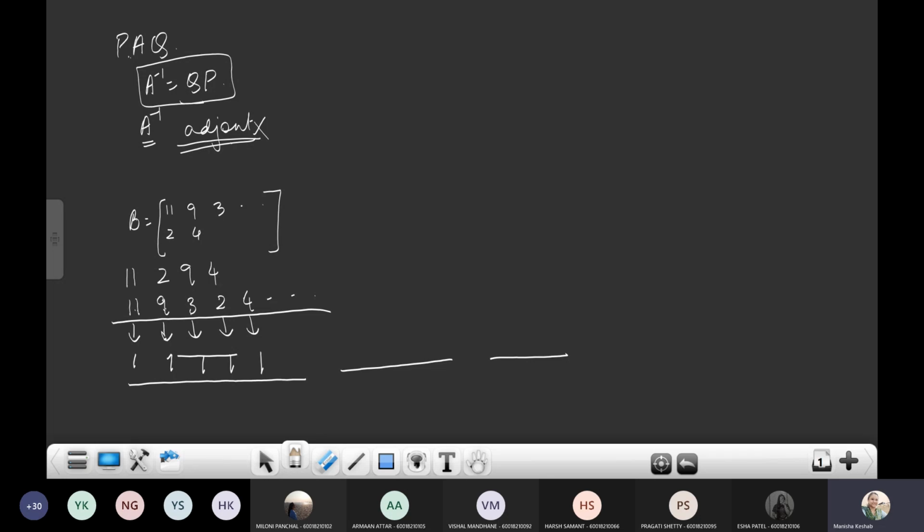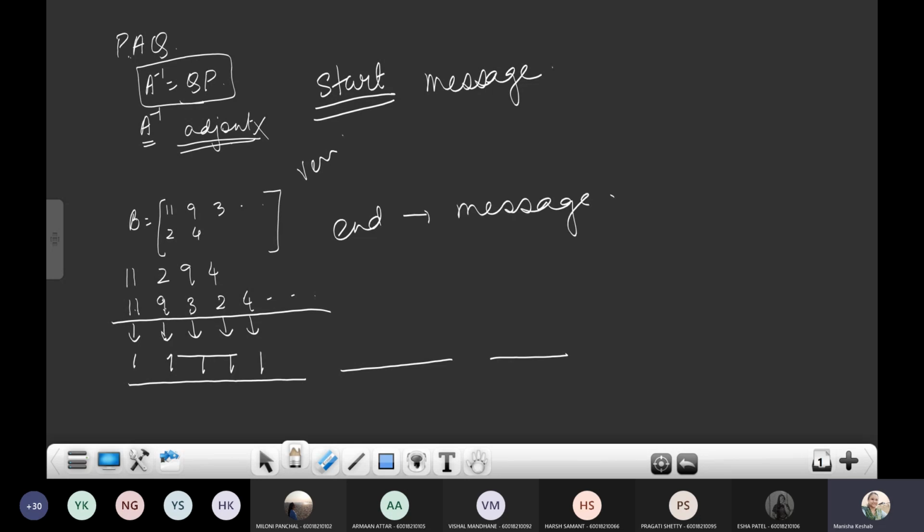So basically you need to start with the message. Start with the message given, and you have to end with it if it is verification. You need to get back your message. जहाँ से आपने स्टार्ट किया था वहीं पे आपको खत्म करना है.